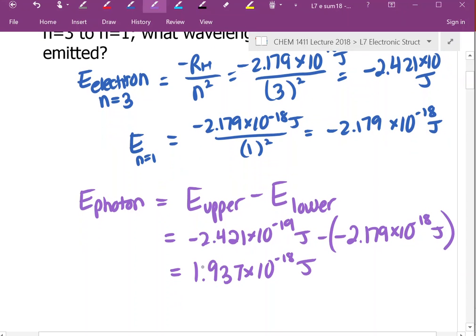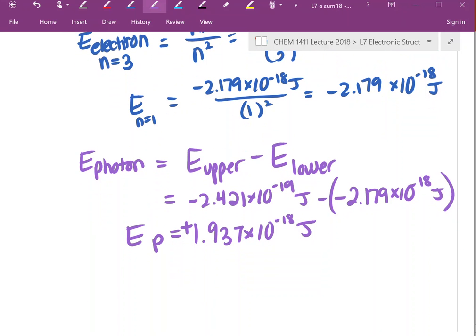Okay, and notice this comes out to be a positive number. The energy of the photon is always a positive number. It cannot be negative. Okay, next step.